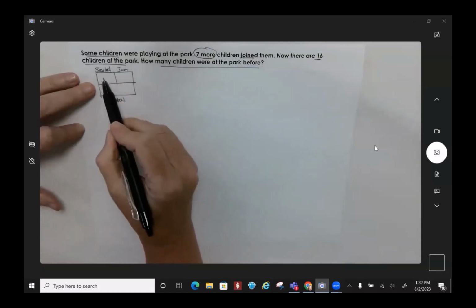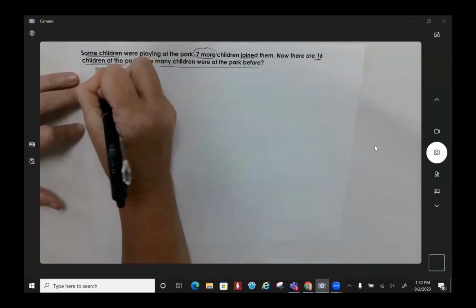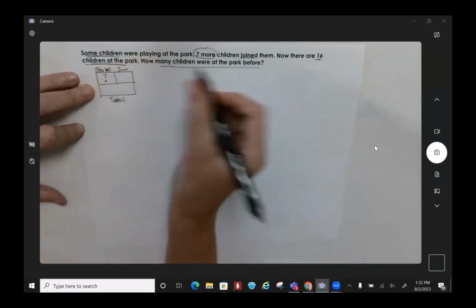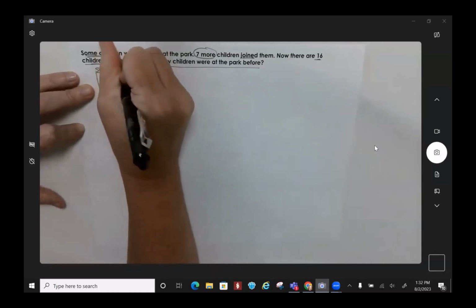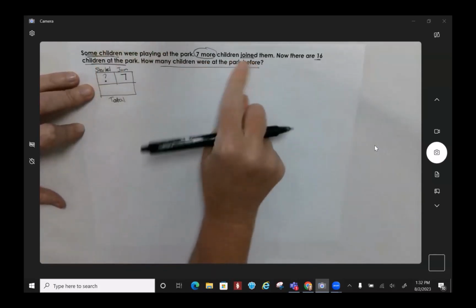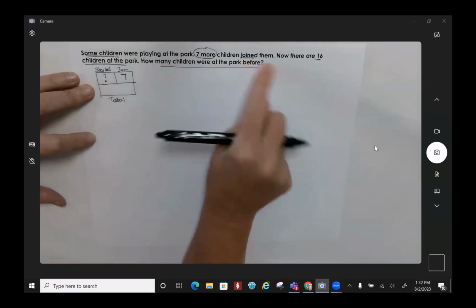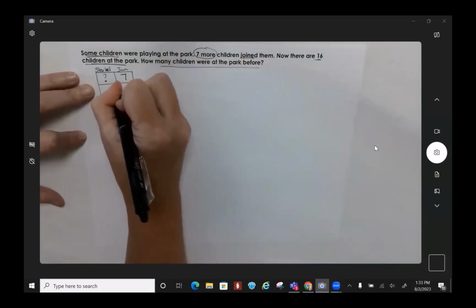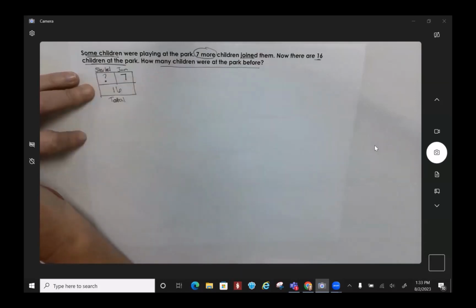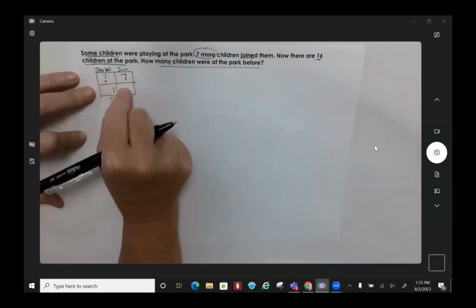I don't know how many children started in the park. But I do know that 7 children joined them in the park, and that when all the children were together, there was a total of 16 children. So this part-whole diagram allows me to see the relationship between these 2 parts and their whole.